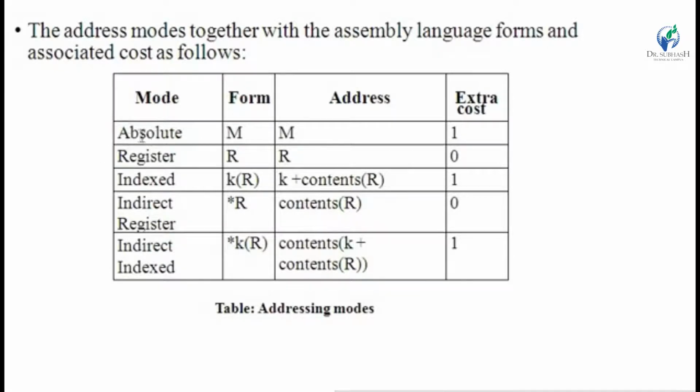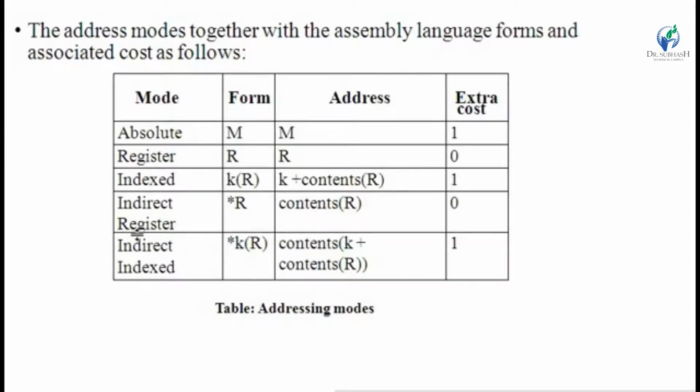Like the mode absolute, from M to address M, its cost is 1. From register to register, R to R, the cost is 0. If any index is specified, then K of R, the address is K plus content of R, which requires extra cost 1.